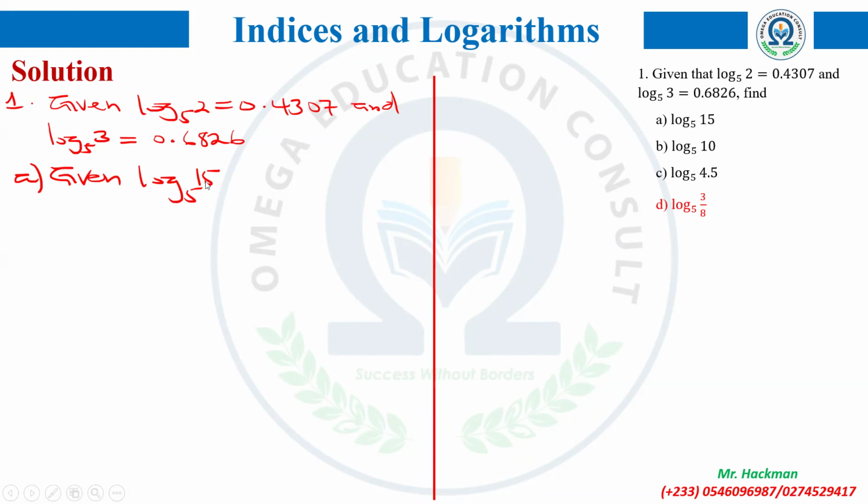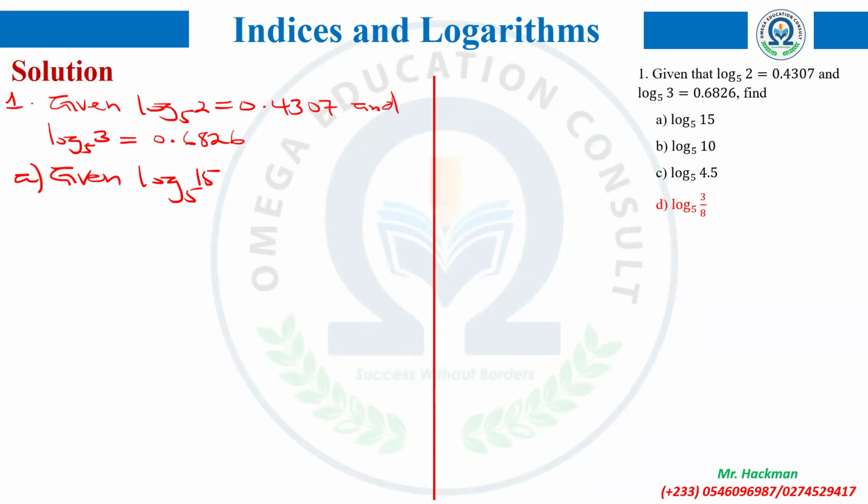Take note: write it in the form of products of factors involving these two numbers. Can I write 15 as containing only 2 and 3?